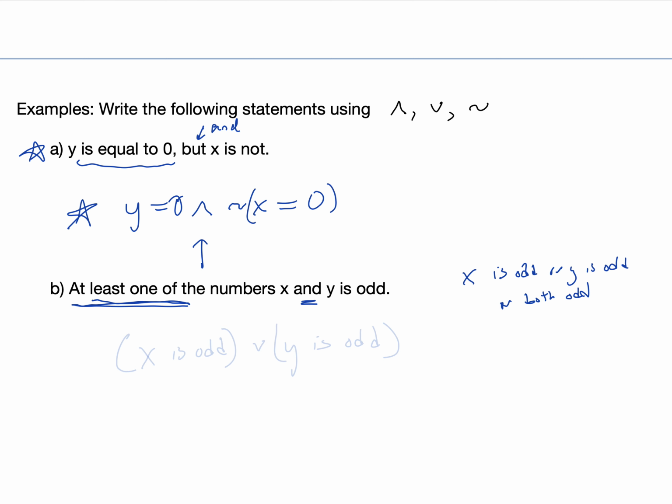Because at least one means x is, or y is, or both of them are. And therefore, this is an or operator, not an and operator, even though we see and in the words. So this is x is odd, or y is odd, would be our way of writing this using some of those operators above.